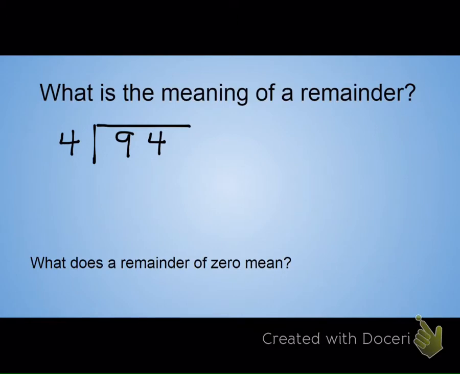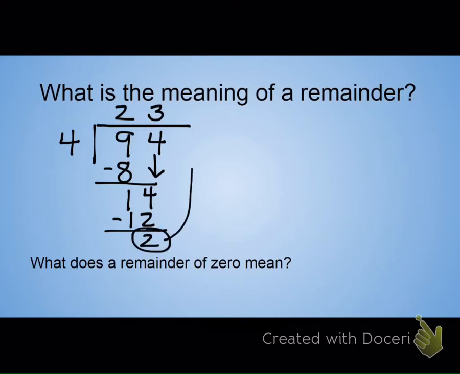So if I go ahead and divide this problem, 9 divided by 4, I multiply 2 times 4, I get 8, I subtract, I bring down the 4, 14 divided by 4 is 3, I multiply, I subtract, and I have this 2 left over, which is going to be my remainder.